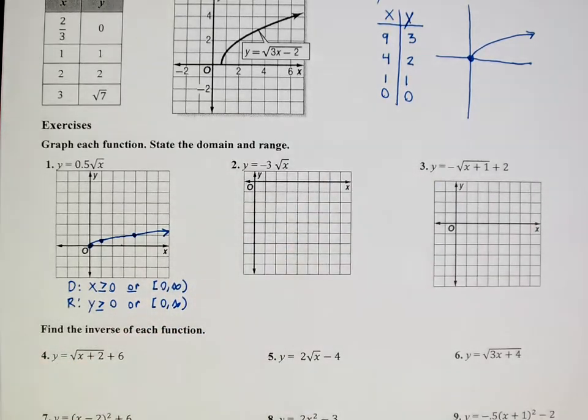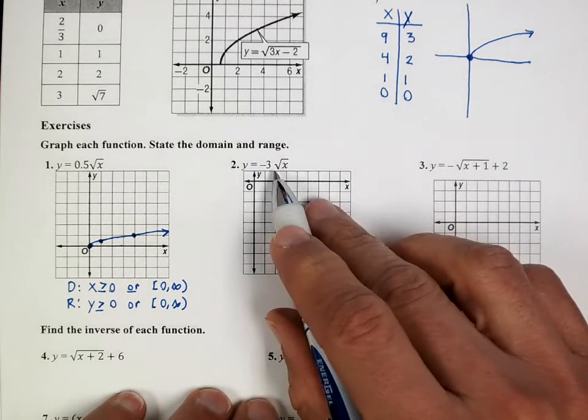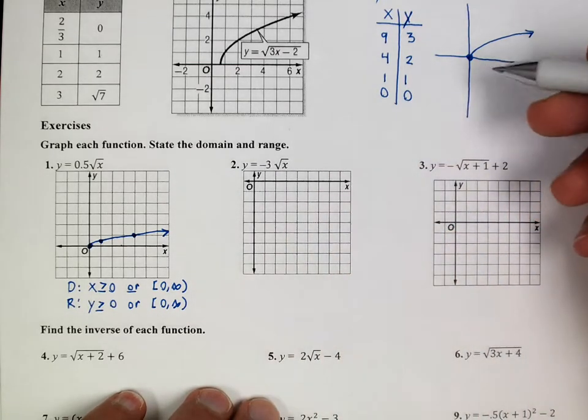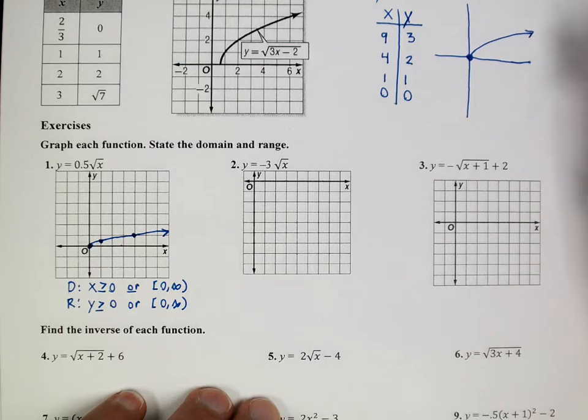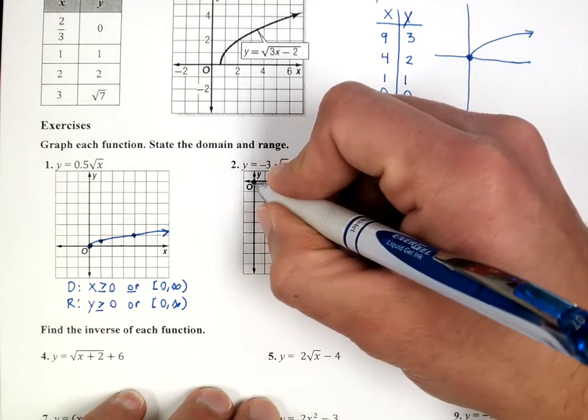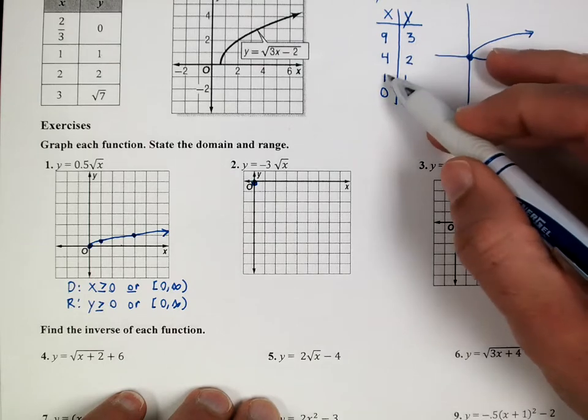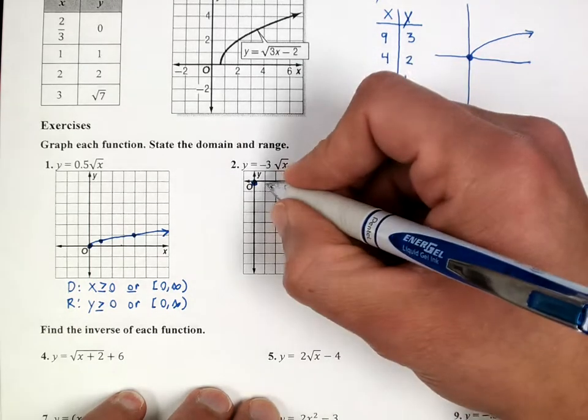Alright, let's go ahead and go to number 2. Number 2, we have a vertical stretch of 3 and it's negative, which means it's going to look like this, but it's going to be reflected over the x-axis. The first point is still going to be 0, 0. The next point should be 1, negative 3.